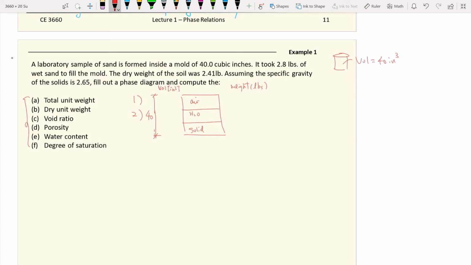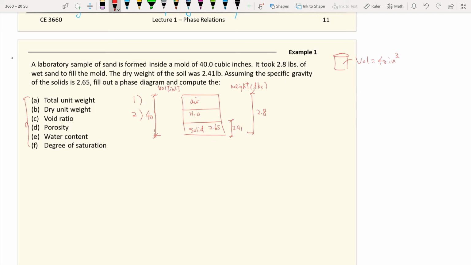Okay, the second part of the question tells you it took 2.8 pounds of wet sand, which tells me the total weight is 2.8 pounds. And the dry weight is 2.41. We know the G sub S is 2.65.